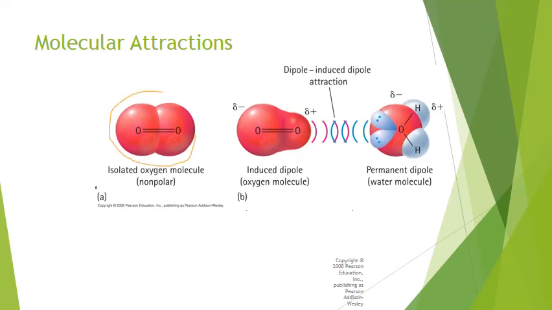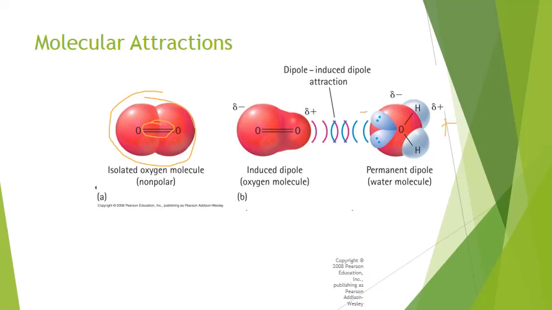We know that oxygen, O2, is a nonpolar molecule. It's got a double covalent bond between two oxygen atoms, and they both have equal electronegativity. It's a straight line kind of bond, and therefore there is no polarity here. It's a nonpolar molecule. But bring that nonpolar molecule close to a water molecule, which is polar, with a positive end and a negative end.